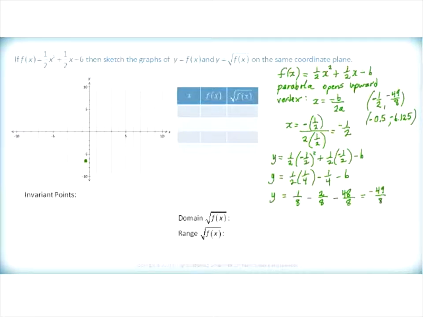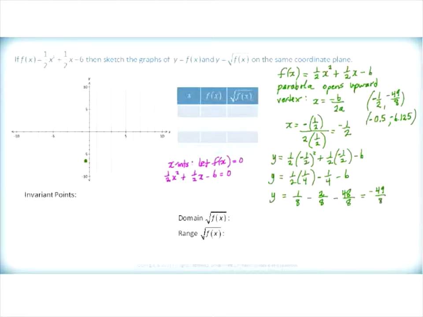Similarly, we need to determine the x-intercepts for this graph. So in order to get the x-intercepts, we will let f of x equal 0. So then we have 1/2 x squared plus 1/2 x minus 6 is equal to 0.